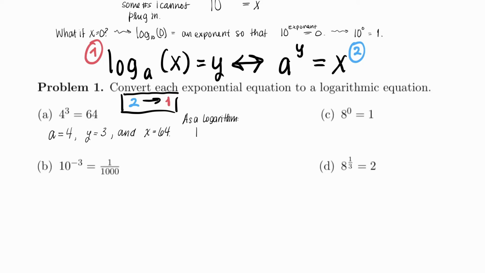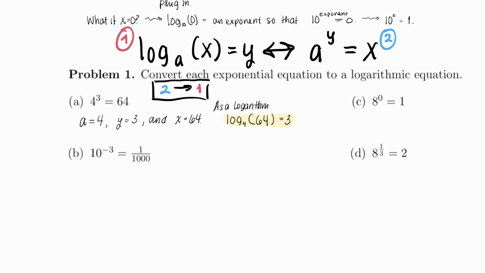So I have log base 4 of x, so x was 64, is equal to 3. Wow, that's super exciting, isn't it? Maybe not. Maybe it's not exciting, but I think eventually we're going to come upon some problems that otherwise we might not really be able to talk about without logarithms.